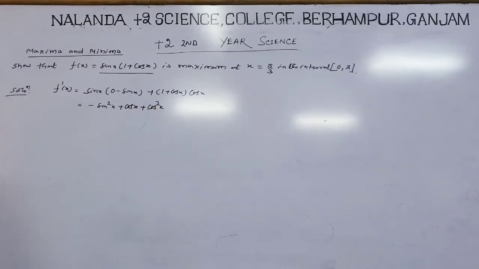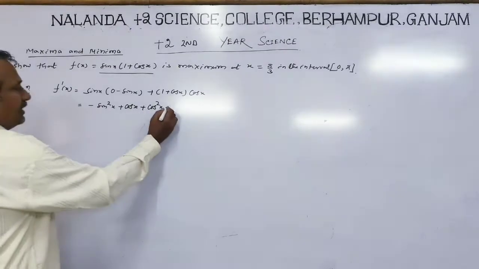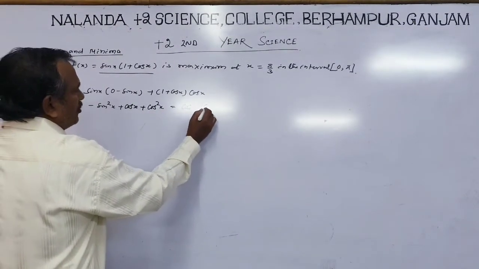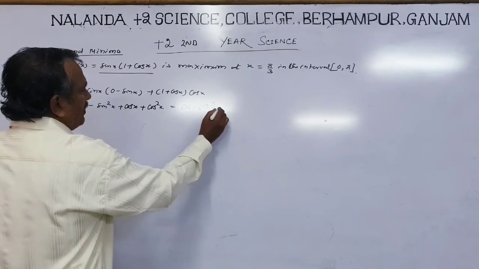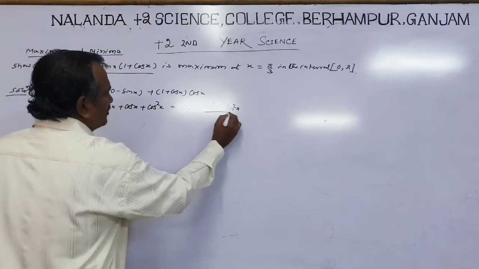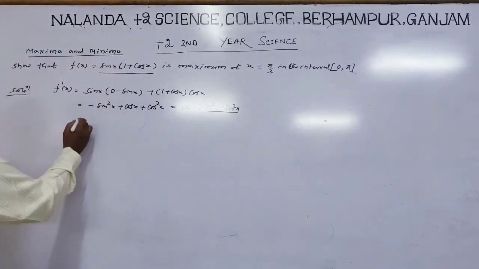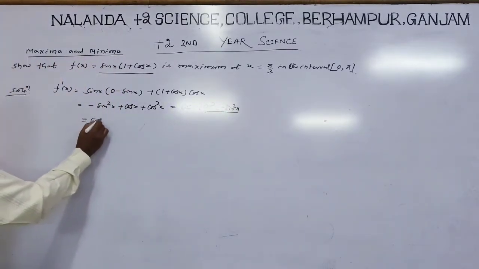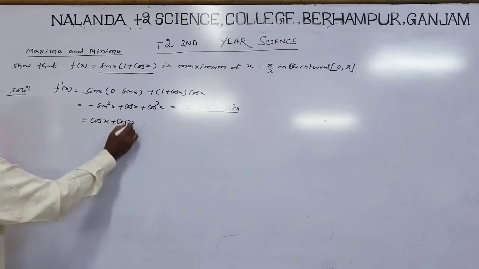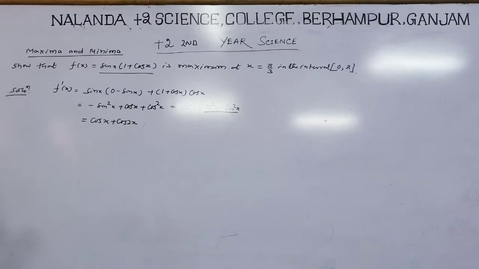Or you can write cos x plus cos square x minus sin square x. Now cos square a minus sin square a equals cos 2a. So cos x plus cos 2x. This is f dash x.